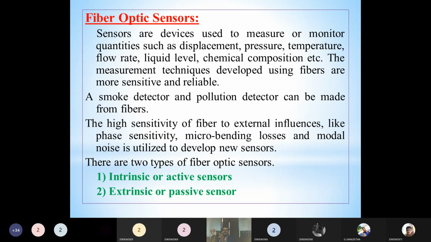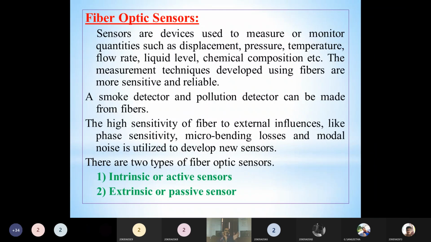So based on these conditions, we can prepare a number of sensors. Every material we can use as one type of sensor, as I already said, because every material will absorb a particular wavelength. Based on these phenomena, we can use optical fibers as sensors.